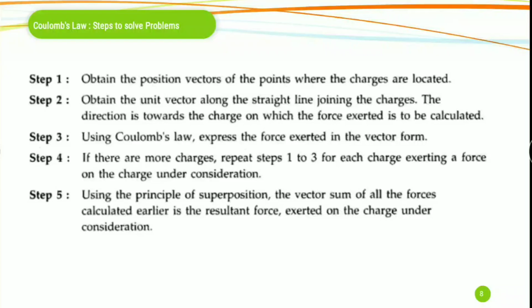And also we discussed the force developed due to n charges. Finally, we discussed how to solve problems by using Coulomb's law in 5 steps. So this is the entire description of Coulomb's law.